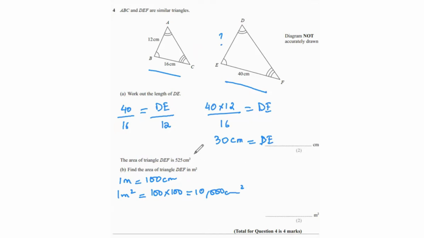They want us to go from centimeter squares into meter square, which means 1 centimeter square is 1 over 10,000 meters square. So in our case, we divide 525 by 10,000, which is going to give us 0.0525 meter square. That is the area of the triangle in meter square.